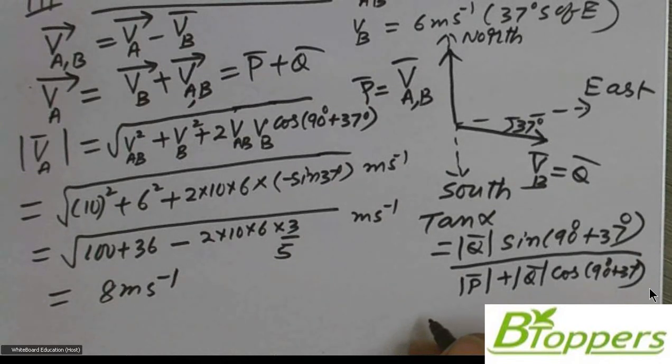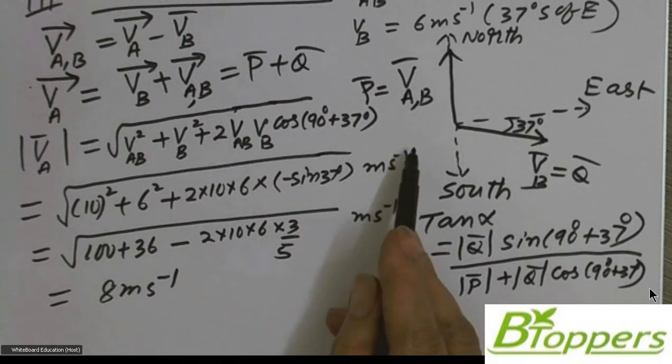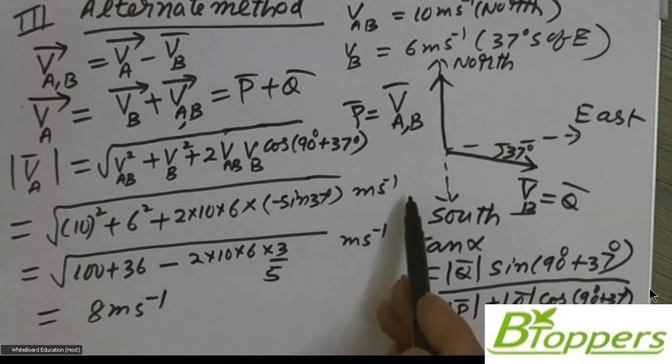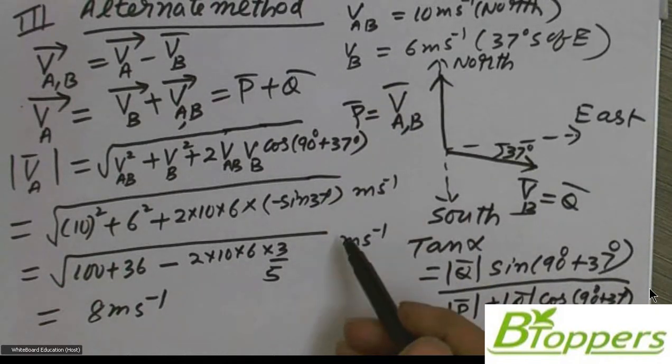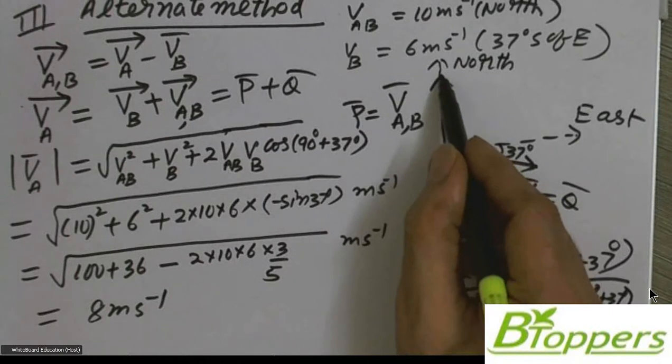You can simplify yourself from this step onwards. Mod of P bar means the mod of the relative velocity of A with respect to B, which is 10 meters per second. Mod of Q bar is the velocity of B, 6 meters per second. Substitute these values and you can find the value of alpha.